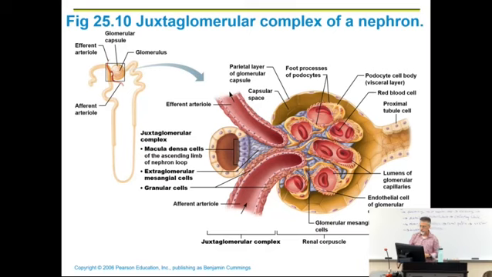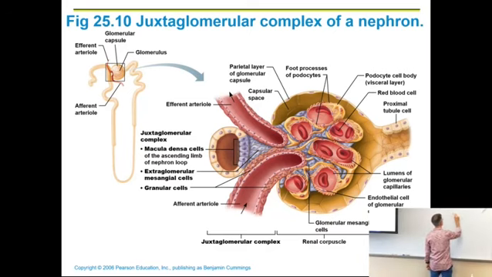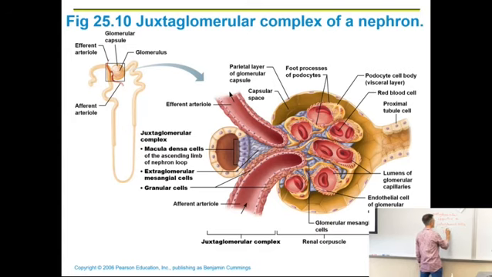So the juxta, we can write it out as well, right? So the juxtaglomerular, the near the glomerulus apparatus. So sometimes it's called the JGA, sometimes it's called the JGC there. If you call it the juxtaglomerular complex, that equals the juxtaglomerular cells of the afferent arteriole.